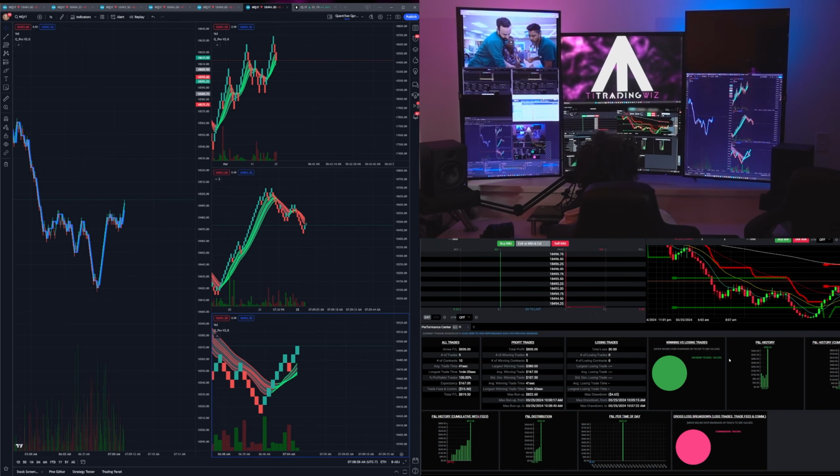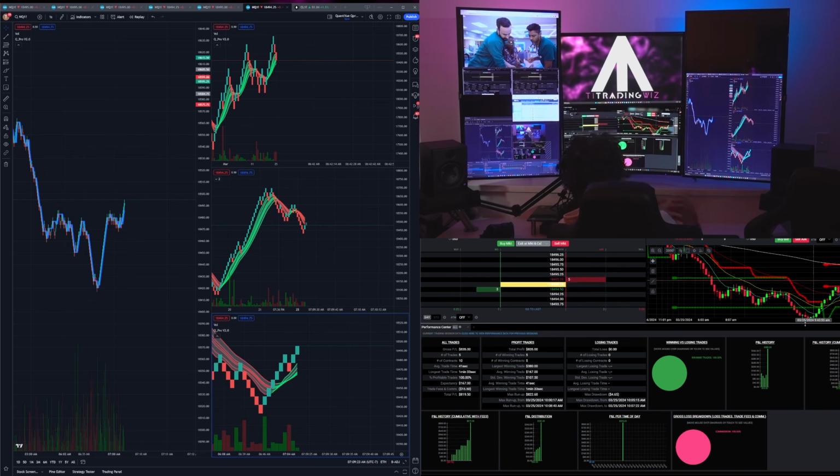Again, I'm not trying to take too many trades on this account right now. This is a static 100K account on Apex. And any type of profit I make on this account just gets me that much further away from my drawdown. So I'm trying to take little amounts of profit every single day on this account.